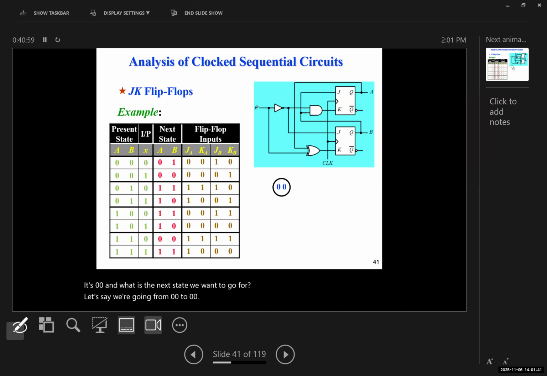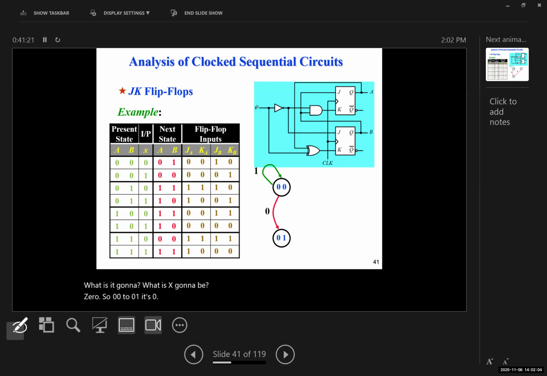What is x? 1. So 0, 0 to 0, 0, x is 1. Now, if we want to go from 0, 0 to, let's say, 0, 1, what is x going to be? 0. So 0, 0 to 0, 1.